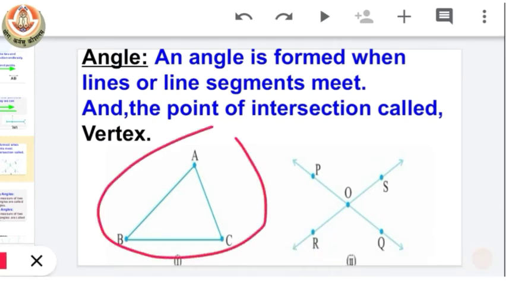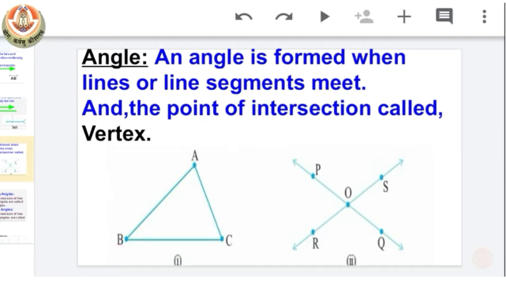Here, with the help of three line segments we have three angles, and here with the help of two lines we have four angles.